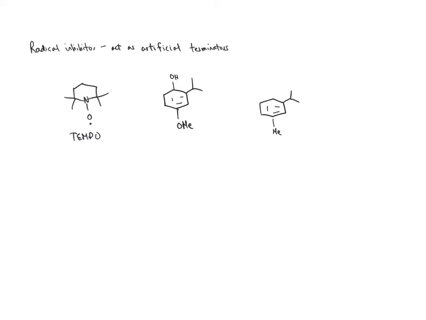Any radical that is around will be able to abstract the hydrogen on these two molecules, thereby becoming a new sigma C-H bond, and then not necessarily moving on to the next step. All right, so these molecules here are known as BHA and BHT.